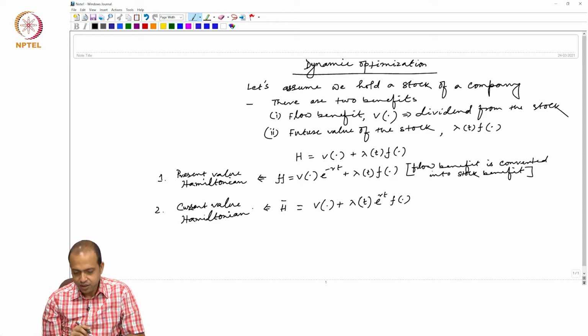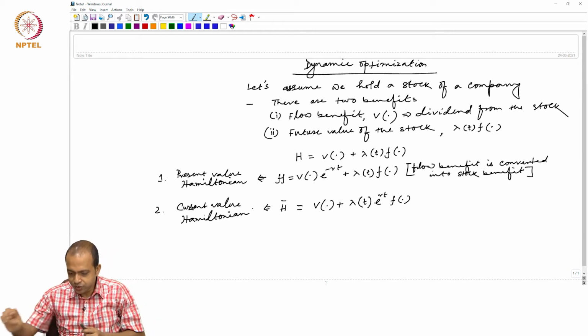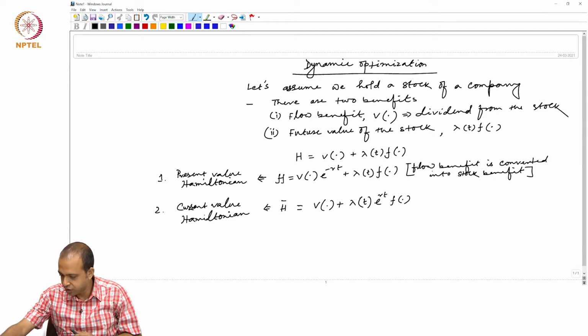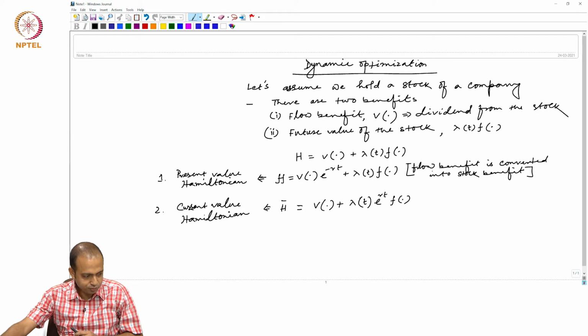That is the idea. Now, let us assume that what we can write. So, this is basically from here in the next page what I will write, h bar equals to this I have written.